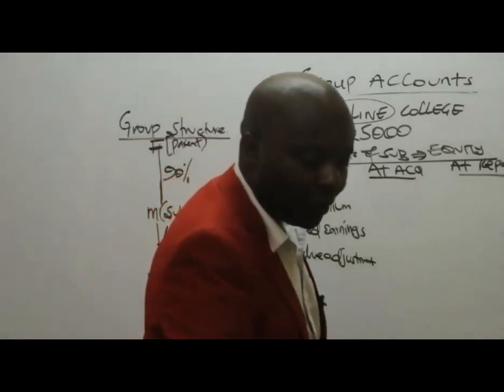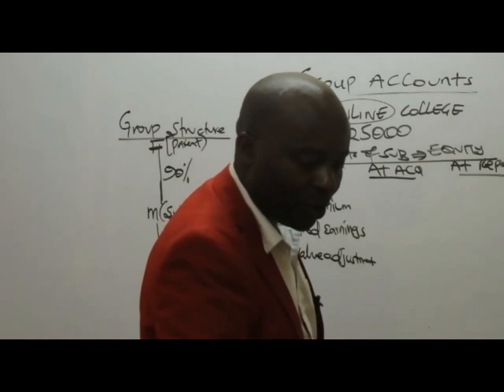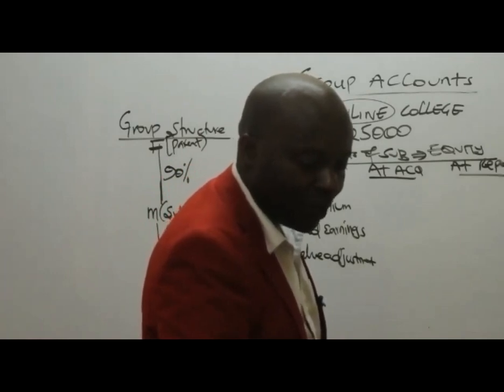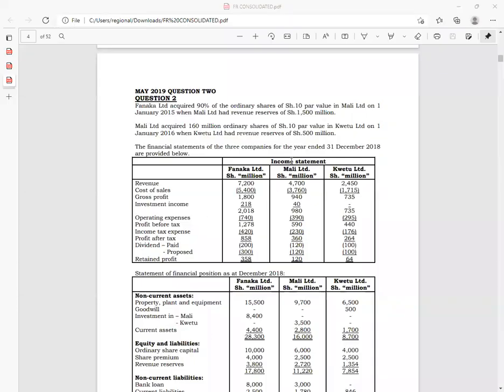So what do we have here? Come and look at the equity components of which company? Of Mali. Remember, Mali is the only subsidiary we have in this question. We have the ordinary share capital of Mali, 6,000, and the share premium, 2,500.